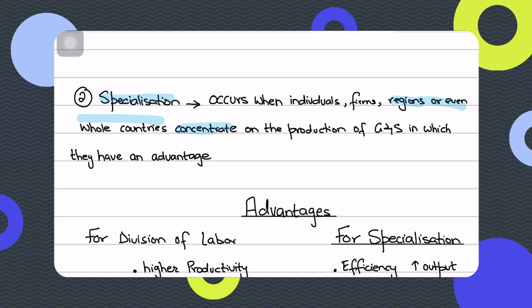Because the idea is that if you just focus on one thing, suppose country A just focuses all its resources on agriculture, then it needs to import manufactured goods from those countries that are best at producing them, maybe because they have skilled labor, they have the technology, they have the natural climate that suits the production, or maybe their labor cost to produce manufactured goods is very low.